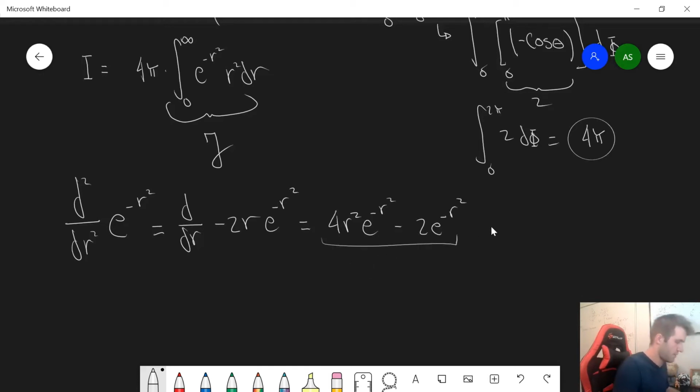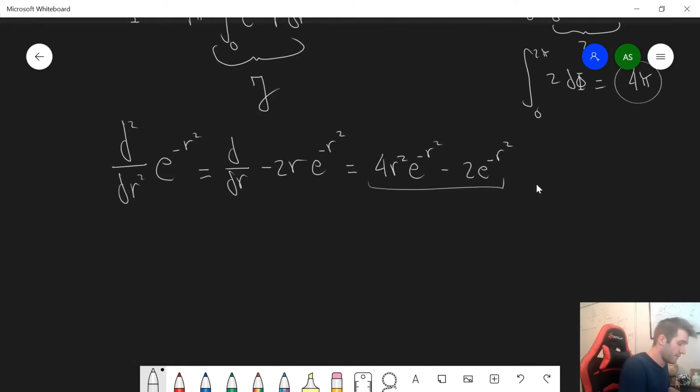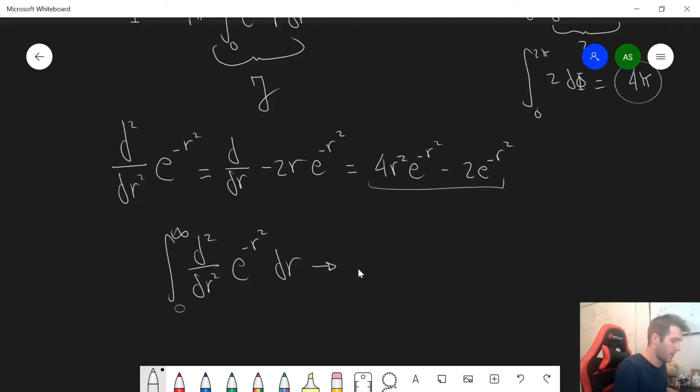Okay, so keeping that in mind, we can obviously take the improper integral of this term right here. So if we actually put the derivative within the integral based upon the Leibniz rule of integration, we can actually extract it. So what we're going to have is from 0 to infinity of d squared dr squared of e raised to the negative r squared dr. Well, as I've just stated, we can actually pull out the differential because the integral is no longer dependent on r.